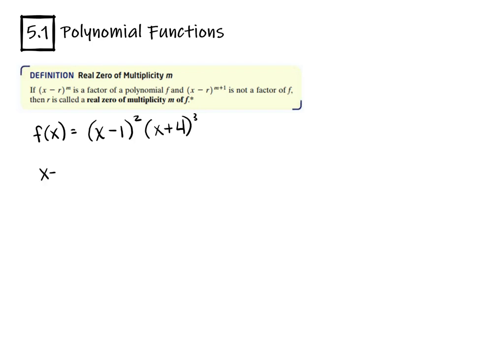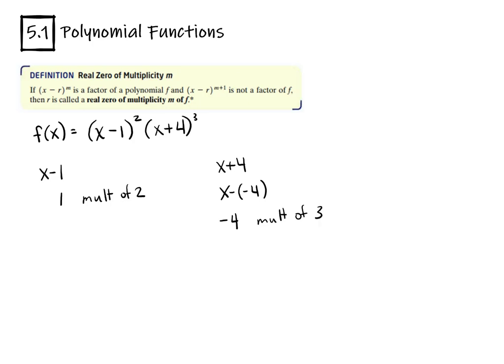If my factor says x minus 1, then that means that 1 is my real zero, and then it has a multiplicity of 2. If my other factor is x plus 4, that's actually x minus -4, so my real zero is -4 with a multiplicity of 3.